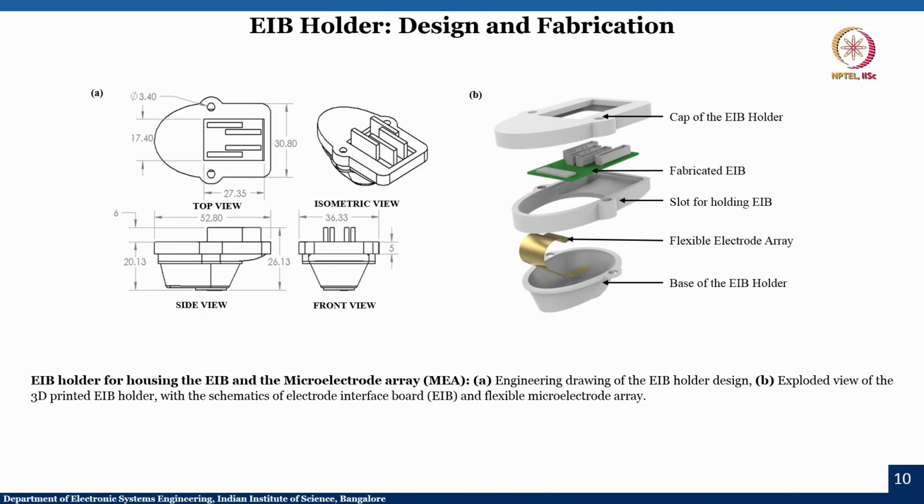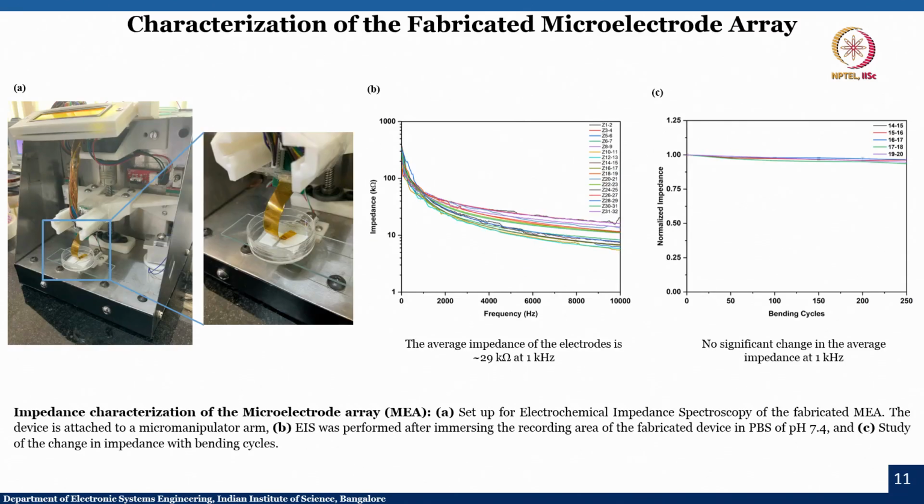All these things require a significant amount of time and optimization to make sure that the board completely fits on the rat's brain. Now, as far as the characterization is concerned, we have to characterize every device and every channel of the device, and you can see here that the impedance value of all the electrodes, when you average it out, is about 29 kilo ohm at 1 kilohertz.